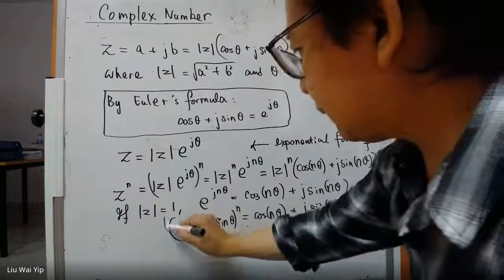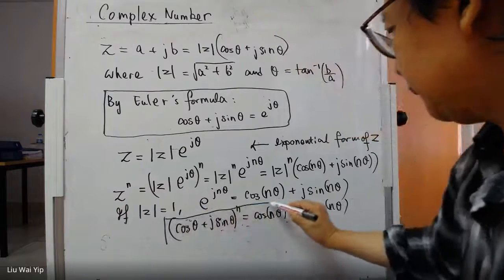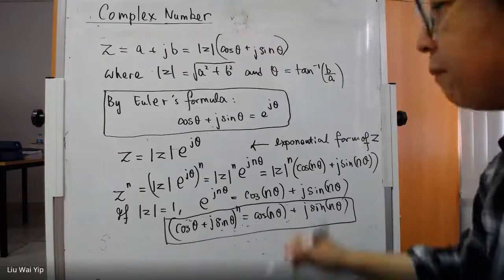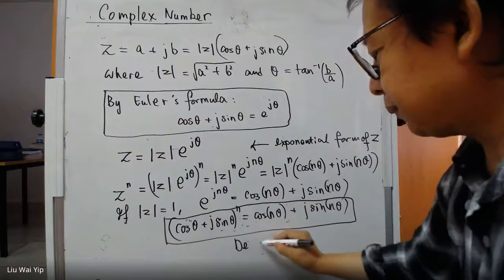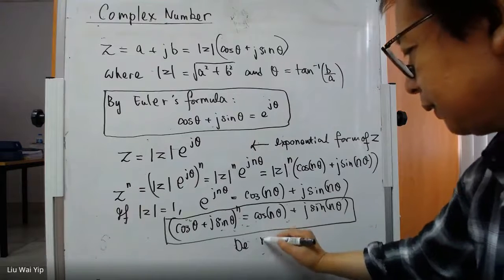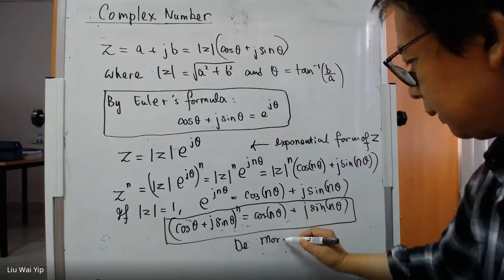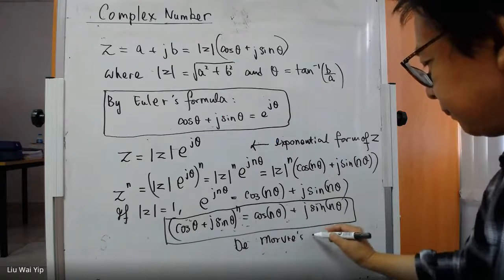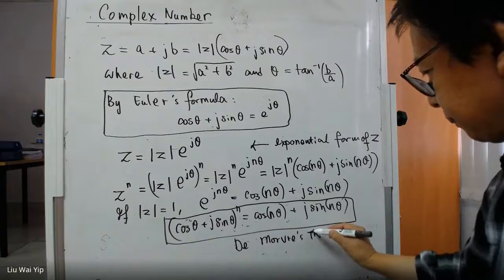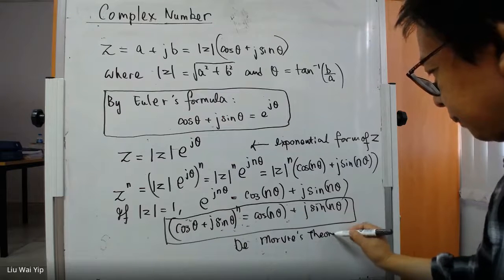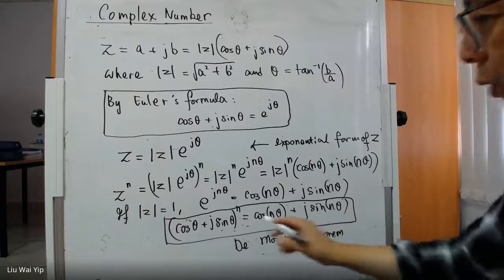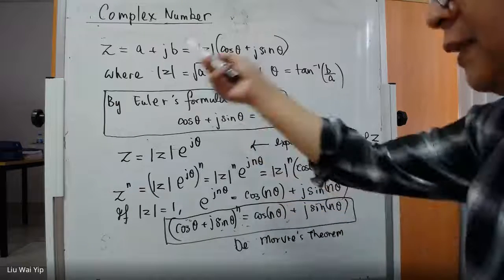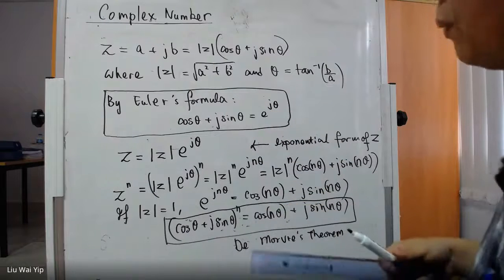And this thing here is called the De Moivre theorem. This is the conclusion of the De Moivre theorem. And actually, the De Moivre theorem is the same as Euler's formula.